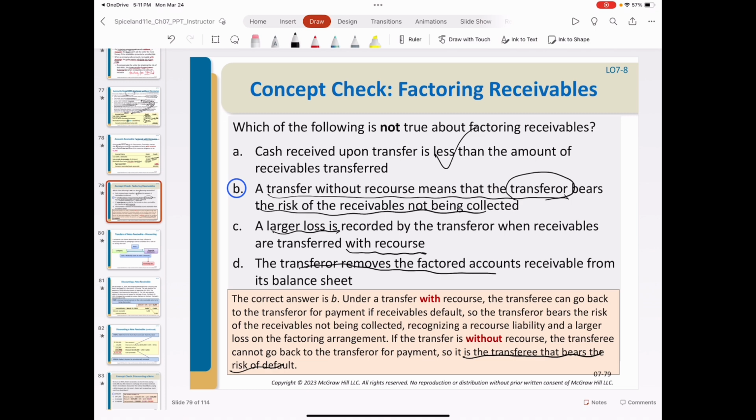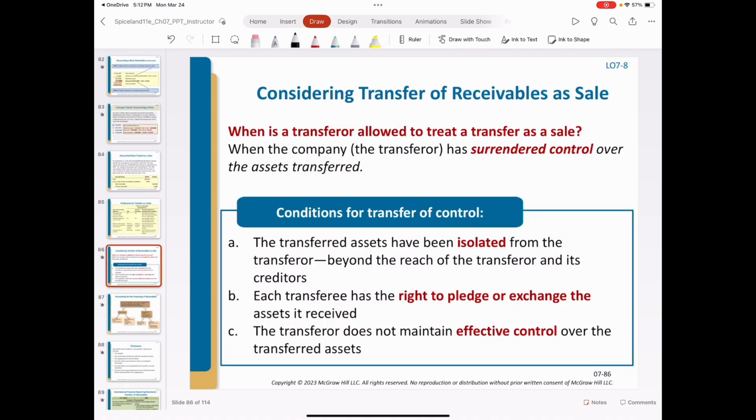Transferor removes the factored accounts receivable from its balance sheet. That's correct because this is sales of receivables. We consider a transfer of receivables as a sale when the transferor has surrendered the control over the assets transferred.